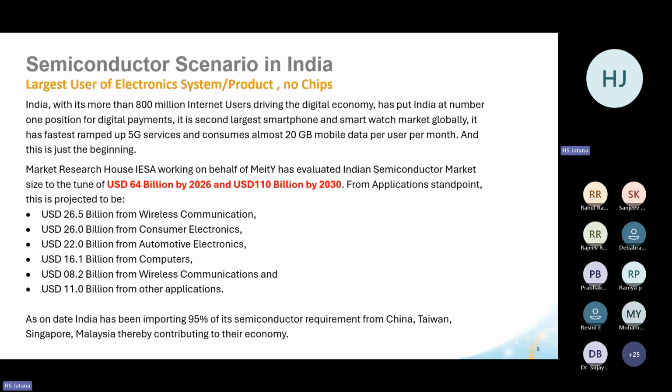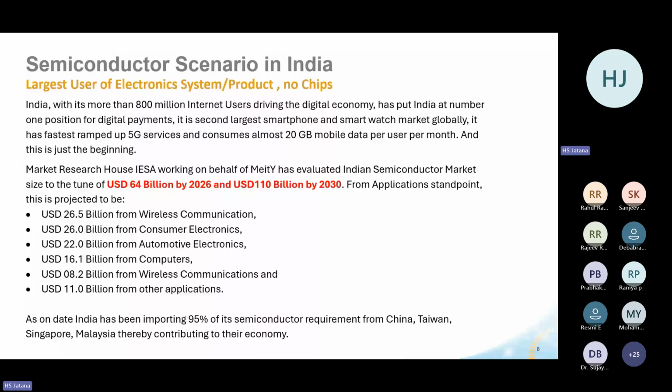Electric vehicles are picking up, as you are aware, from scooter, 2-wheeler, 3-wheeler, all 4-wheeler, all sorts of things. So a lot of electronics, and if you have to make commercial aeroplanes, a lot of avionics is there, a lot of chips are being used. Then your computers, laptops, and things like that. So all these things are there in different areas, and we need a lot of these micro devices.